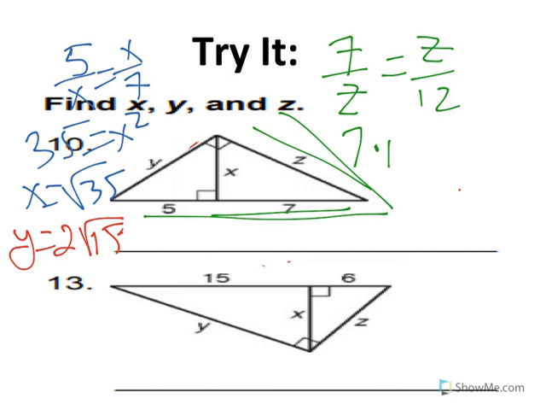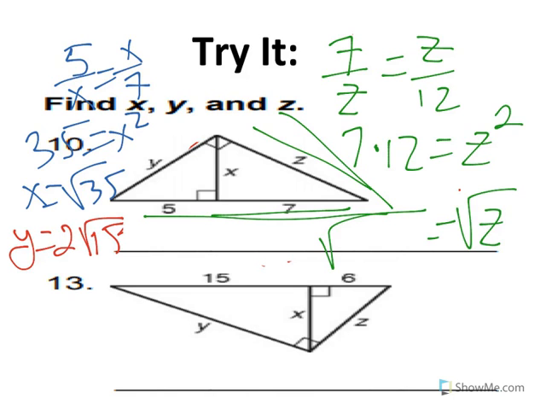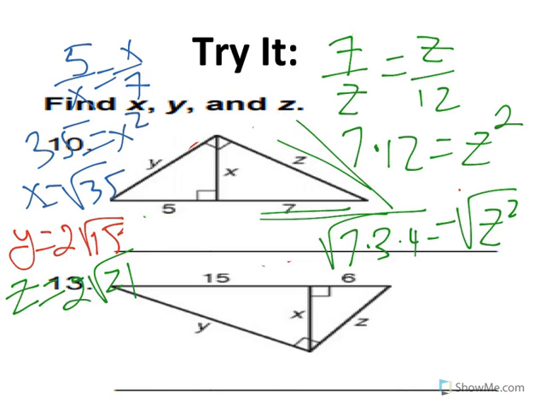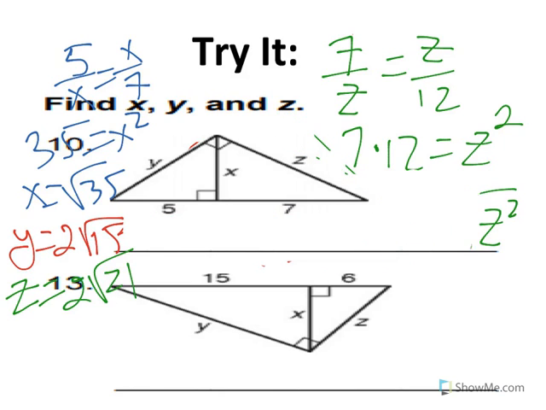So 7 times 12 equal to z squared. Take the square root. And 12 is the same as 3 times 4. Right, we can reduce the 4, so z is equal to 2 square root of 21. Right, so this is the exact same problem from the previous one.